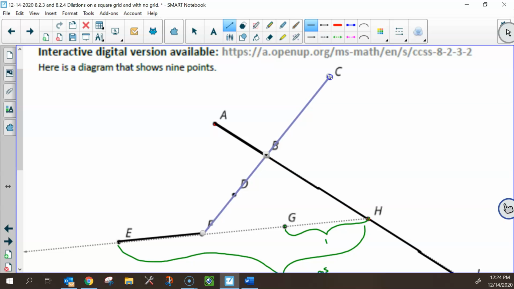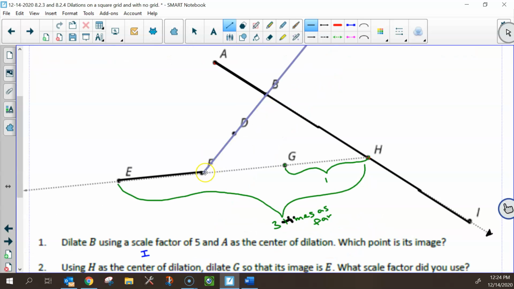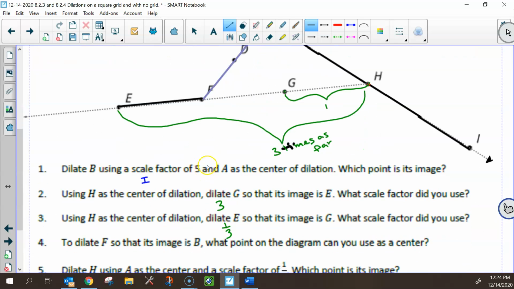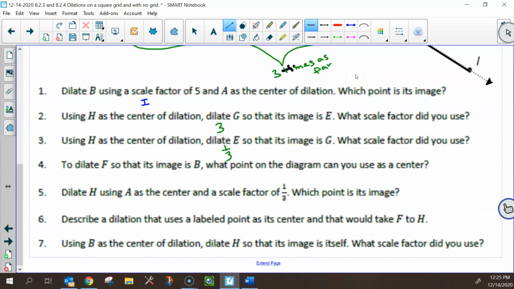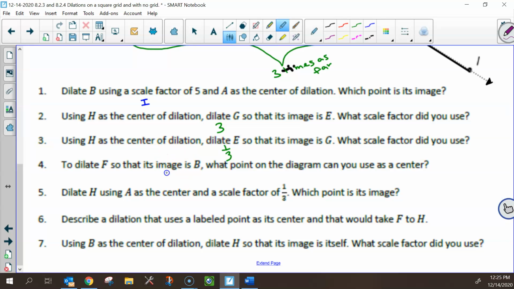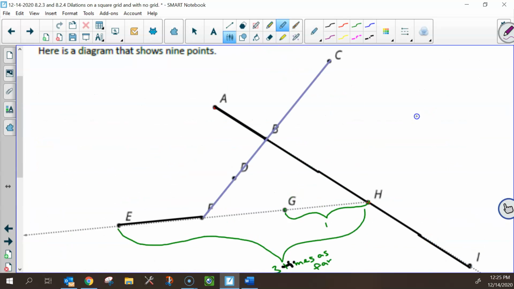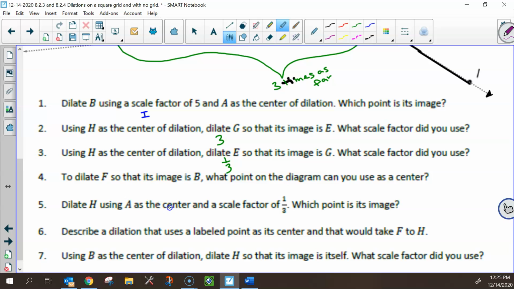You have to go all the way back to C. C would be the center of dilation with F being the original and B being the dilation, meaning it's getting smaller or closer to that center. So the correct answer is C. Yeah, C is the center.